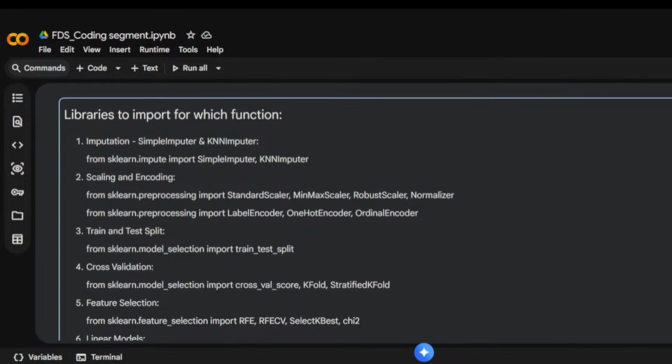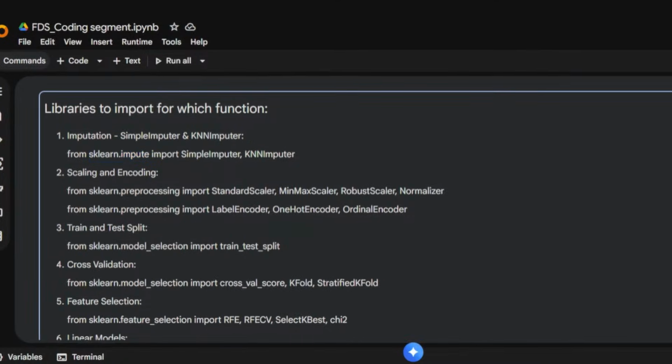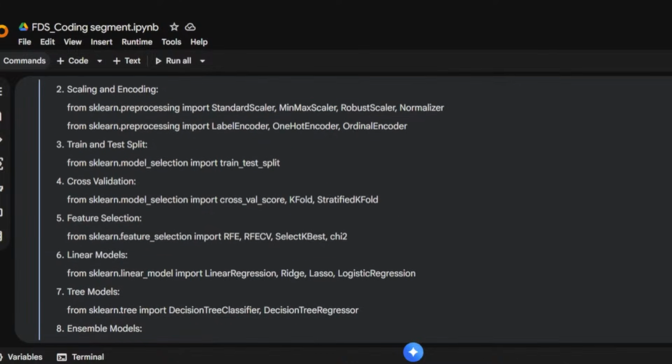Your imputation library is sklearn.impute, through which you can import SimpleImputer and KNNImputer. From the preprocessing library, you can import all of your scaling as well as your encoding functions: StandardScaler, MinMax, Robust, Normalizers, LabelEncoder, OneHot, and Ordinal.